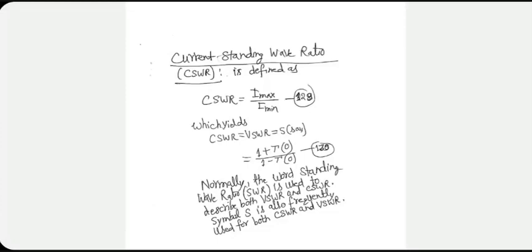Now, in the worst case, tau 0 can be 1. The value of tau can go from 0 to 1. If it is 1, you will get infinite VSWR. It's theory.